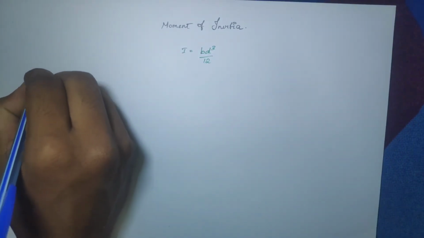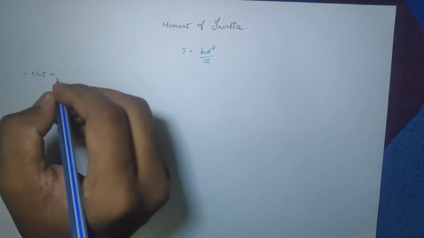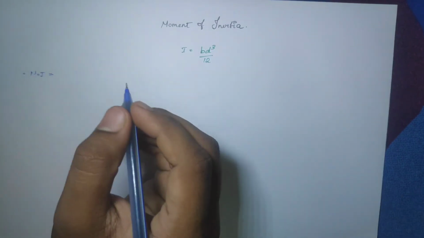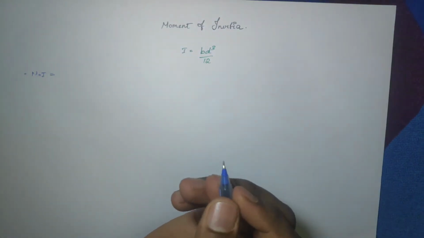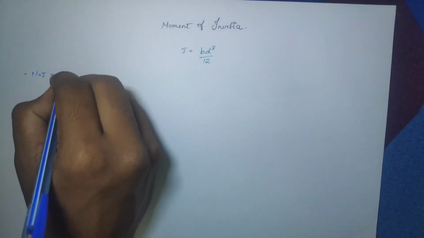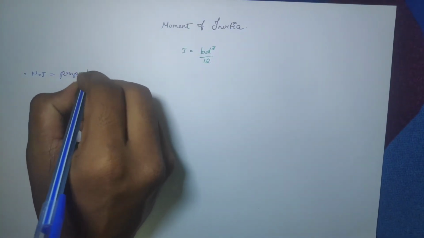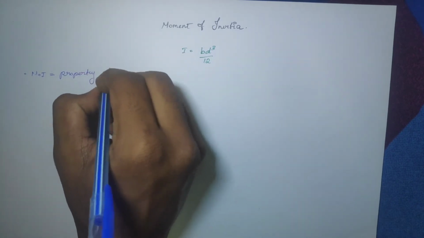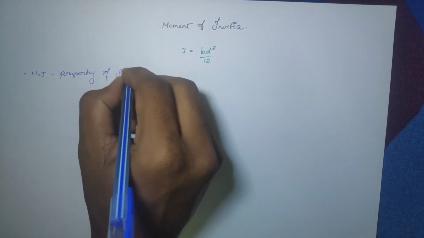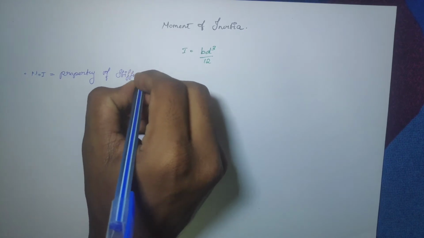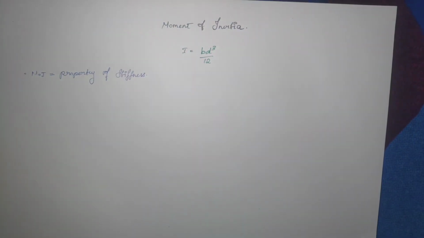So let's keep it as moment of inertia, MOI. It is a property that relates to stiffness. So this is the first point. It is linked to stiffness.